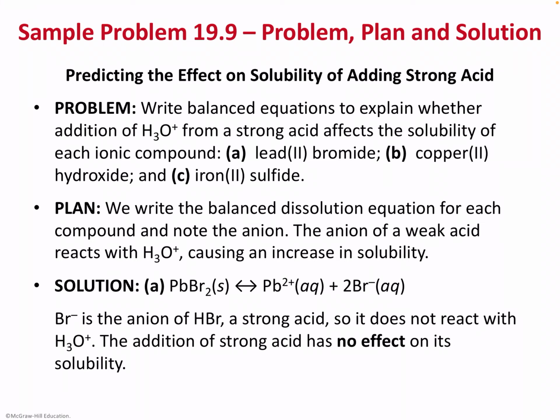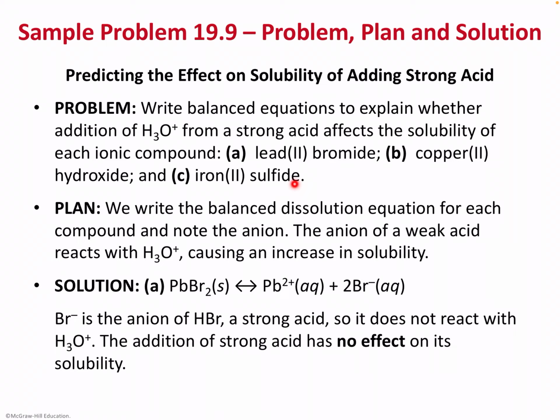Predicting the effect on solubility of adding strong acid. Write a balanced equation to explain whether addition of hydronium ions from a strong acid affects the solubility of each ionic compound. We have lead II bromide, copper II hydroxide, and iron II sulfide.